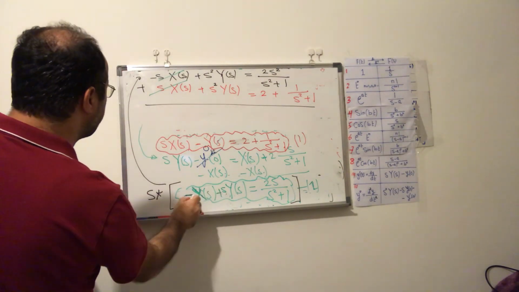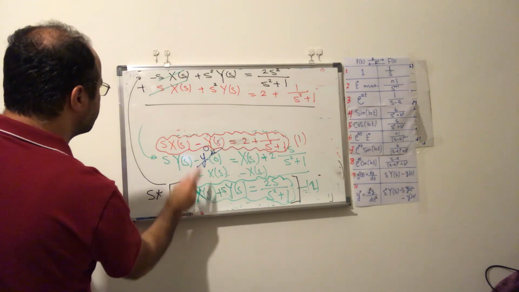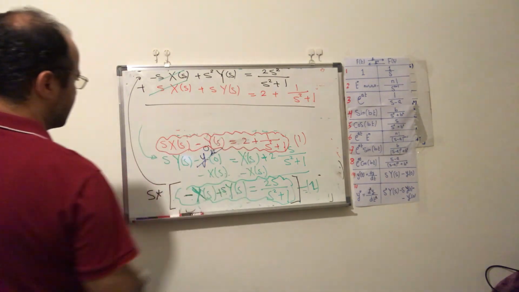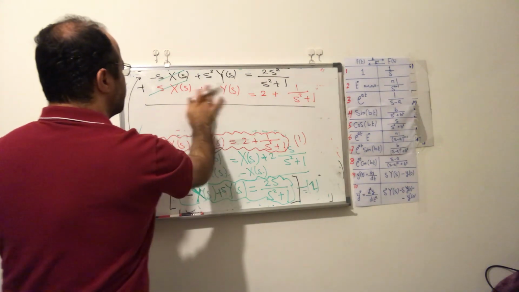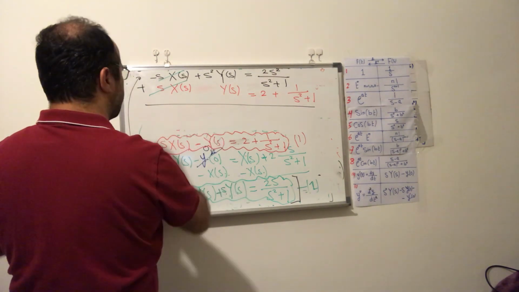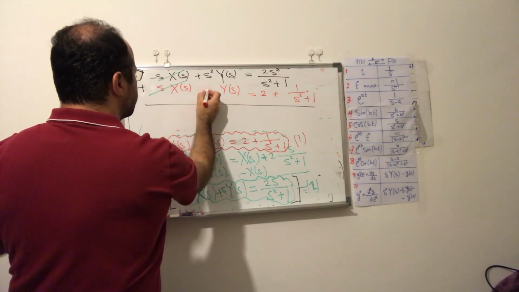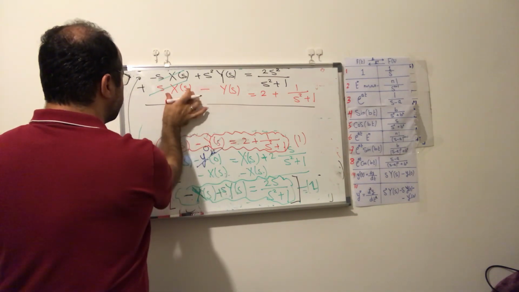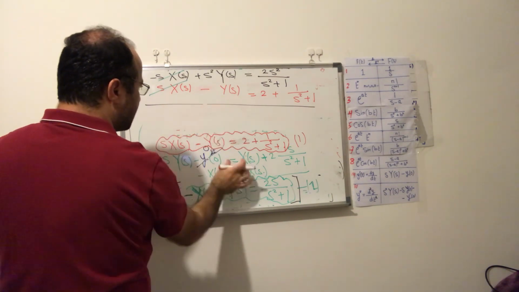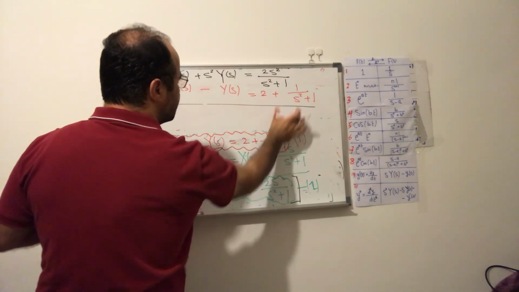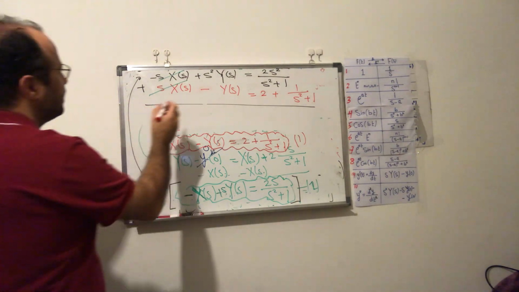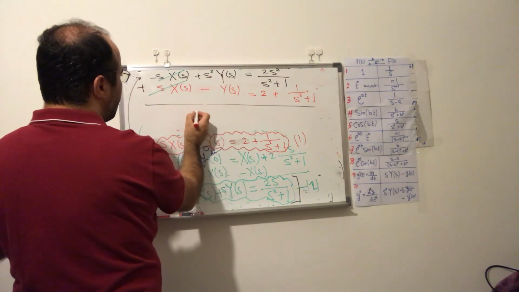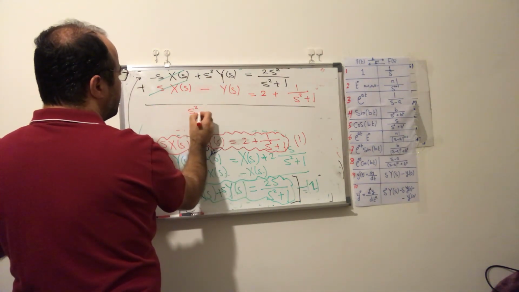So I'm getting s squared here. It is okay. So this one, I'm just copying this. So this is the part, this is the 2, this is the 1 over s squared plus 1. Now adding these together, then you're going to have s squared minus 1.